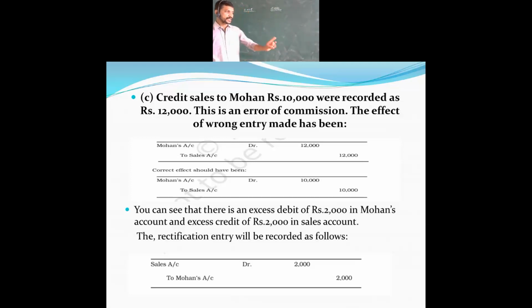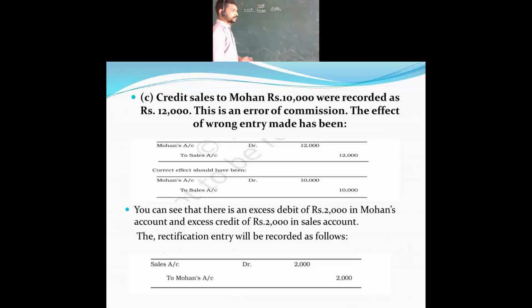So this is an error of commission, means wrong entry as with the previous wrong entry, but here a wrong entry for an excess amount. Remember the point, for excess amount, यहाँ पर 2,000 extra record कर रहे हो आप, means what we call excess amount entry we are making over here.